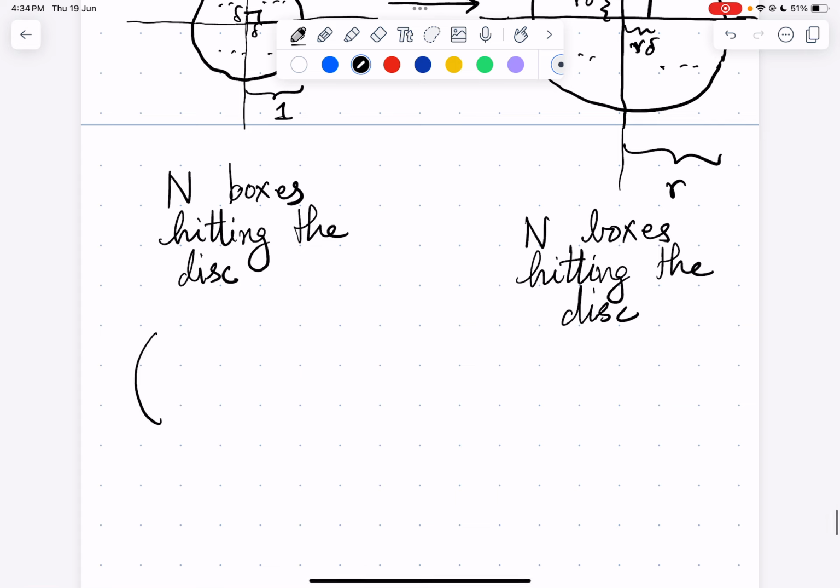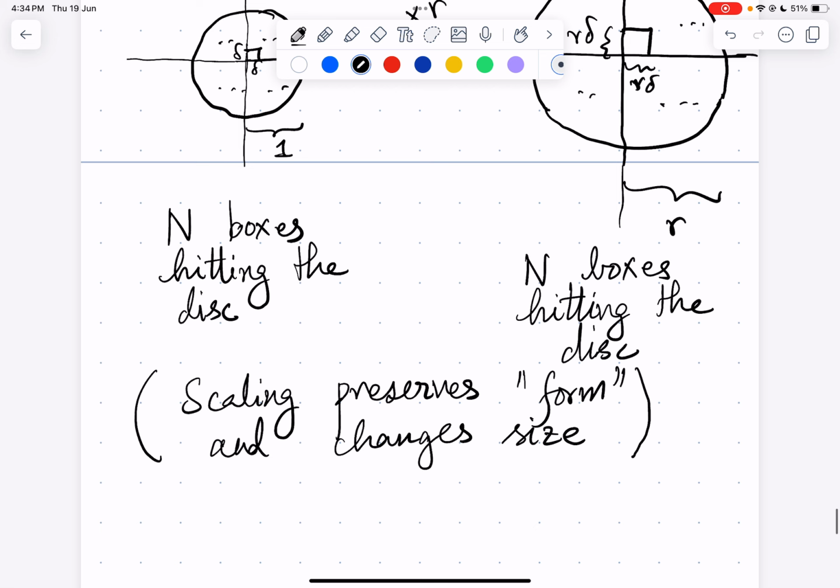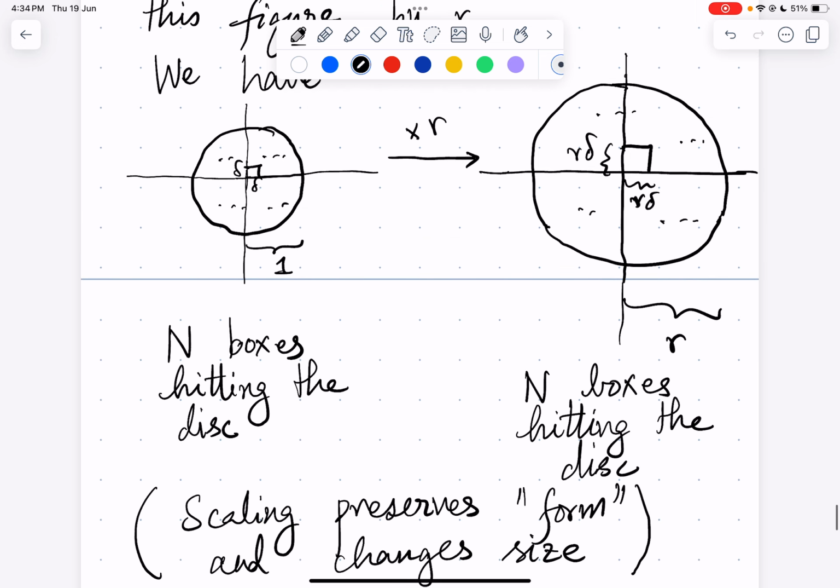This is because scaling preserves form and changes size. You are just changing the size of things, not the structure or form of things. So structurally the picture will still be the same. You'll have a disk and some approximation by boxes.